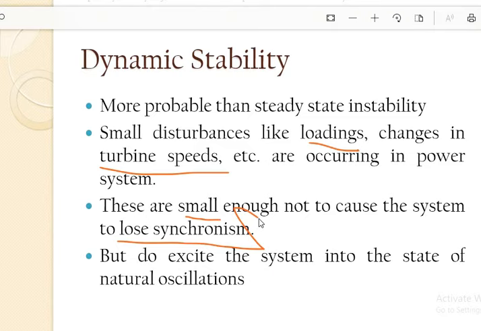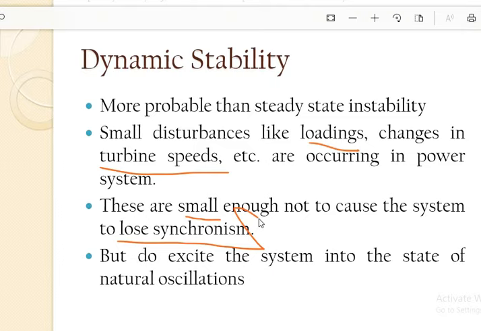Normally it will not create any instability, but it will create some oscillations in the rotor. And if these oscillations are not damped properly, these oscillations can increase further and can make your system move out of synchronous speed. That type of instability is called dynamic instability. What was steady state stability?